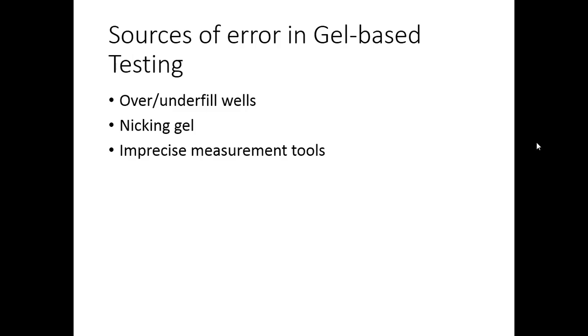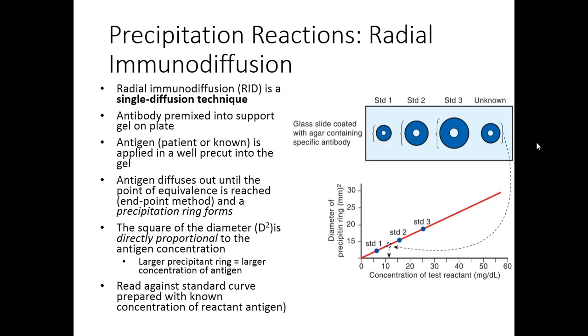And really kind of imprecise measurement tools: frequently it's in the reading, and you'll see in a minute when we take a look at some of the readings that we have to actually measure the zones of precipitation, and that imprecise measuring is prone to error.